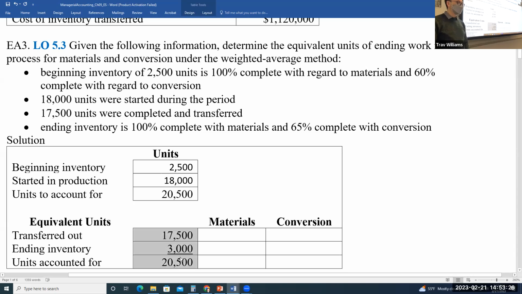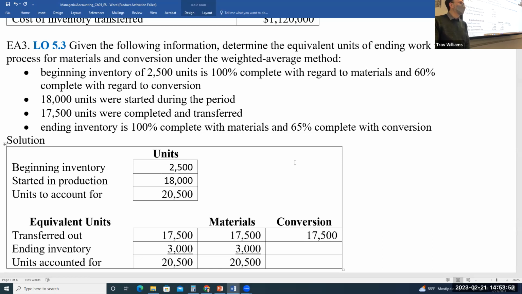Is our materials column going to be the same? Yes. Is our conversion transferred out going to be the same as materials transferred out? Yes. And why is it the same? Because whatever we transferred out had to be completely converted, right? Otherwise, the other department would send it back and say, what's up? You didn't finish.